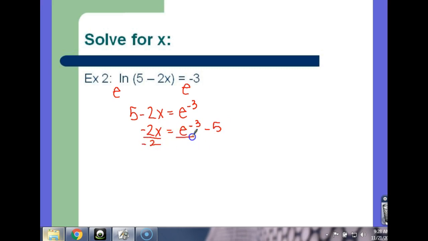Then divide by negative 2. I would personally break it into 2 fractions so that I can get rid of my negative exponent. So I have negative 1 over 2 e cubed plus 5 halves. So I'd split the 2 under each and drop the e down.